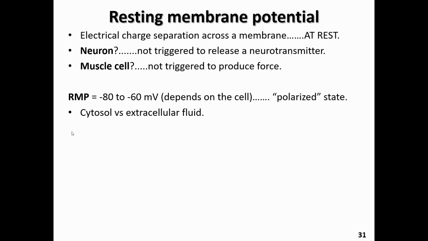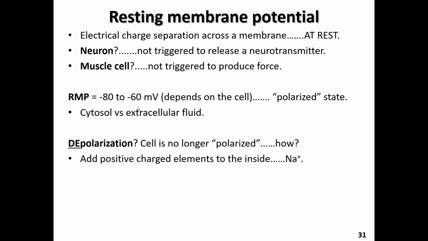And that refers to the electrical state of the cytosol, which is the interior fluid of the cell, versus the extracellular fluid. Now, if we take a polarized cell and we depolarize it, then the cell is no longer in a polarized state. So how do we get a neuron that at rest is polarized to a state where it's no longer polarized in this exact manner?